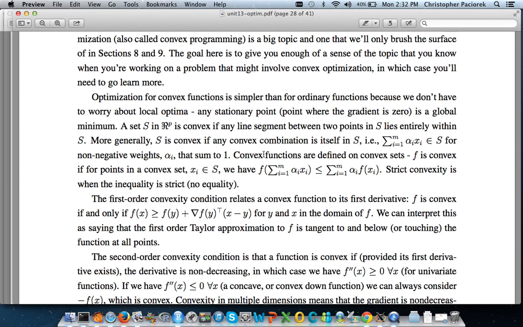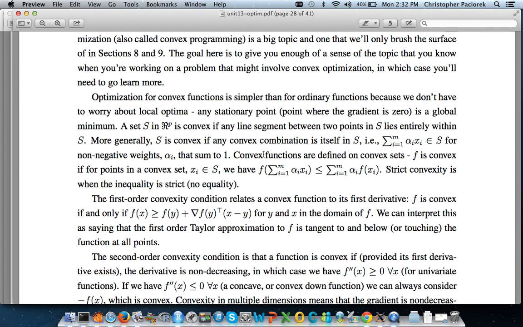Sorry, I'm trying to draw this as convex without drawing it just as a circle. Basically, a convex set is one where, if you take two points in the set and connect them with a line, all the points between them are inside the set as opposed to outside. So something with wiggles like this is not convex, because if you draw a line between these two points, these points here are not inside the shape.